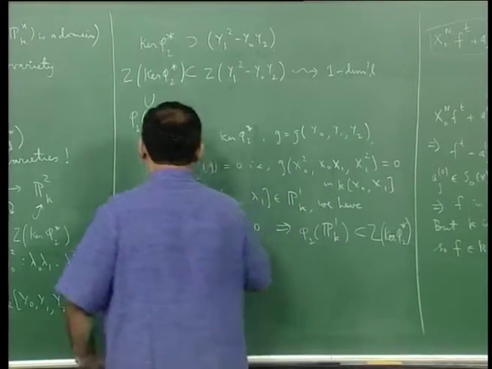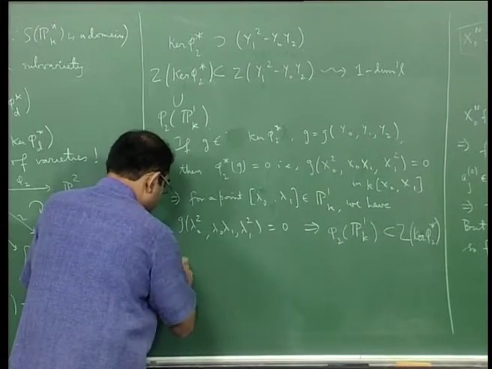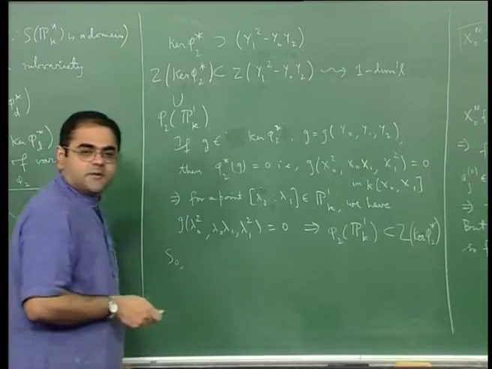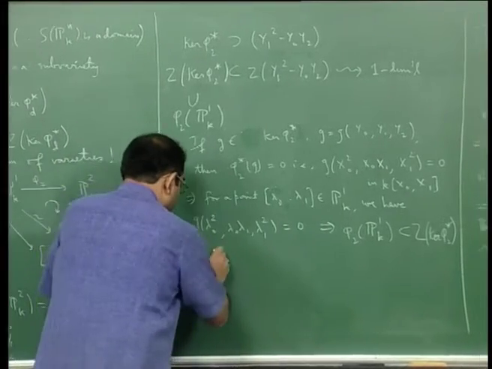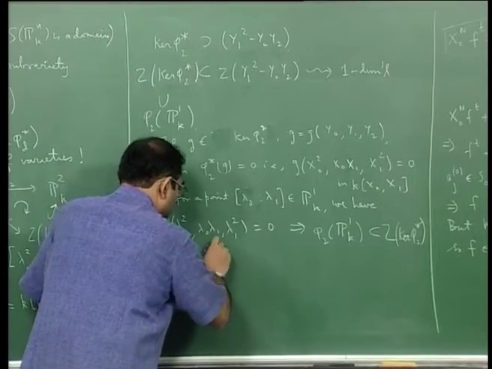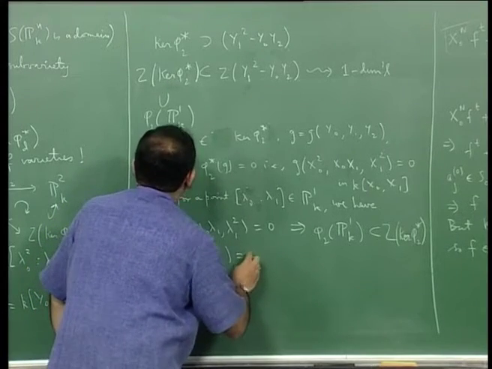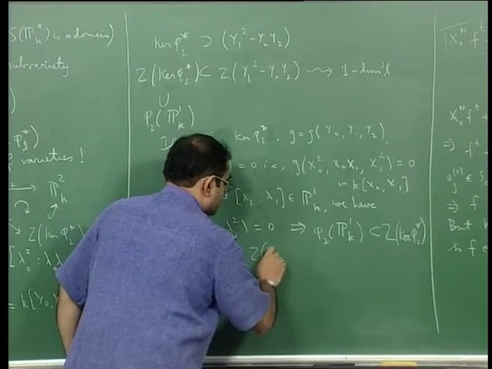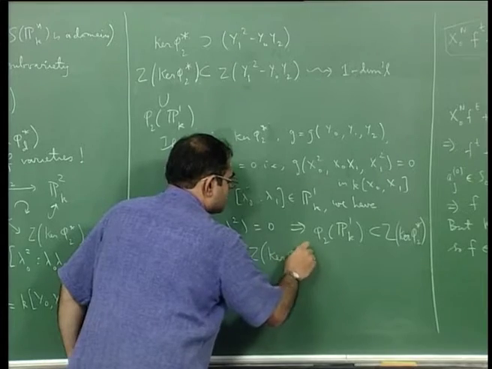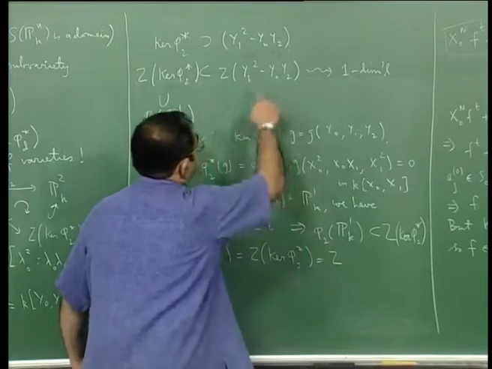So the moral of the story is, if you use a little bit of topology, then you will get that phi 2 of P1 is the same as the 0 set of kernel of phi 2 star, and that is the same as the 0 set of this.